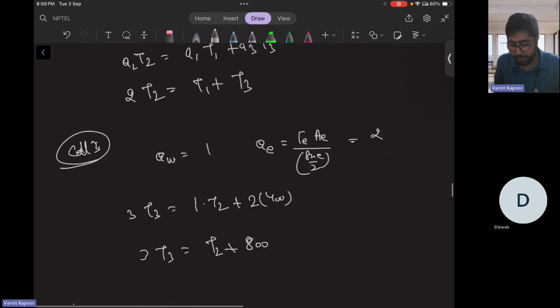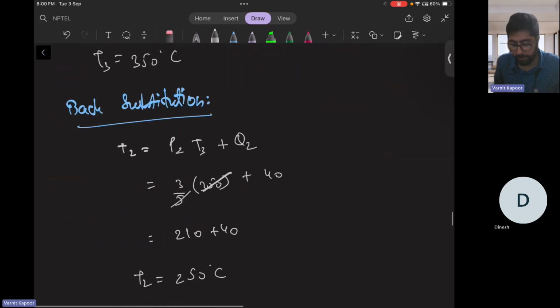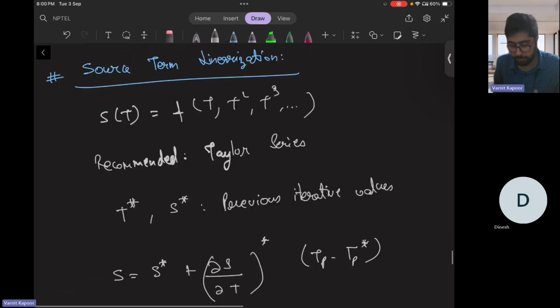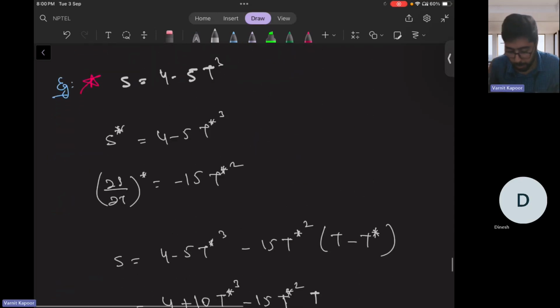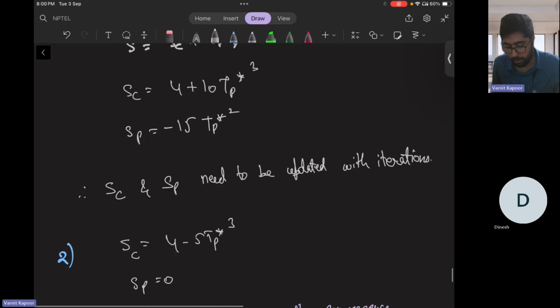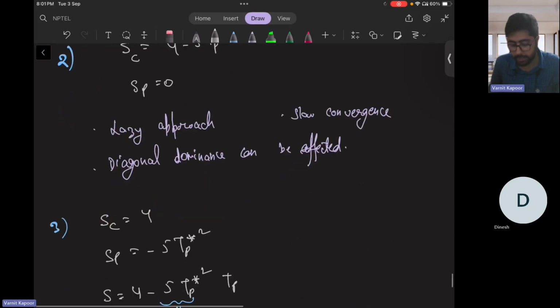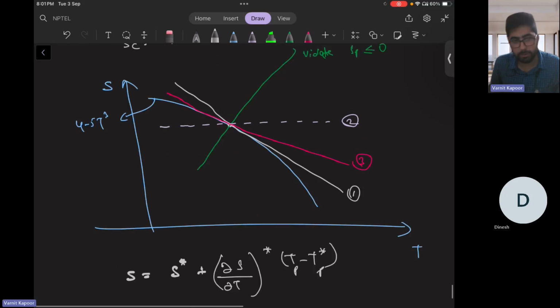Then we did one question here. And finally, we came to the generalization of the source terms. We picked one model and looked at how to expand it linearly using the Taylor series expansion. We plotted all the values of the source terms with the Taylor series.